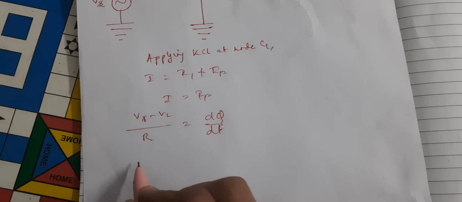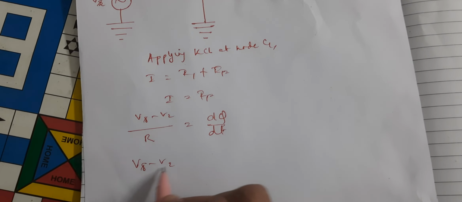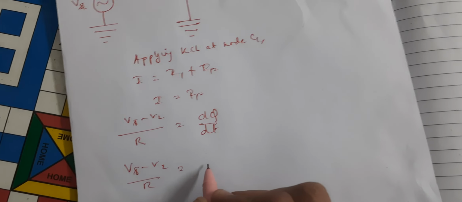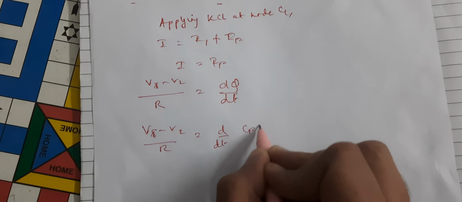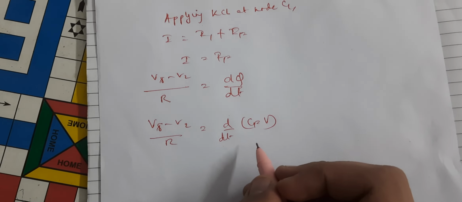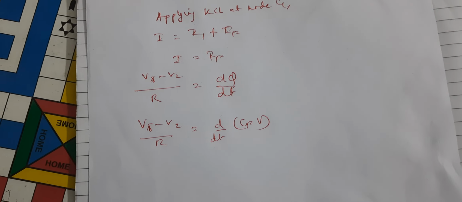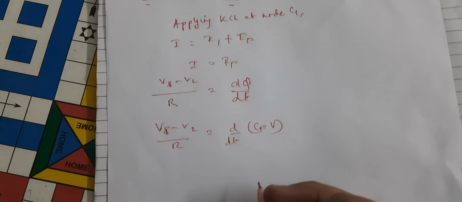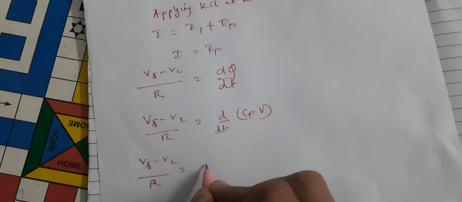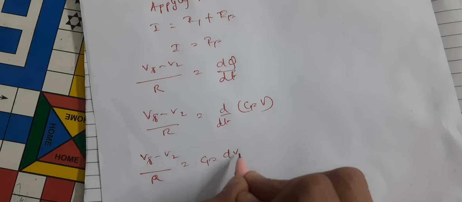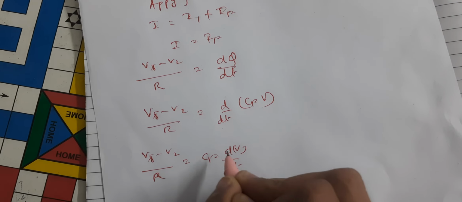So Vs minus V2 by R is equal to d by dt of CF into V. Keeping CF outside of the derivative, we get Vs minus V2 by R is equal to CF dV by dt.